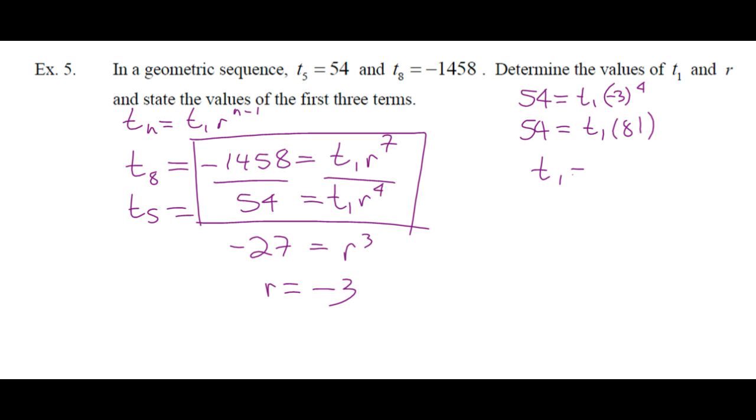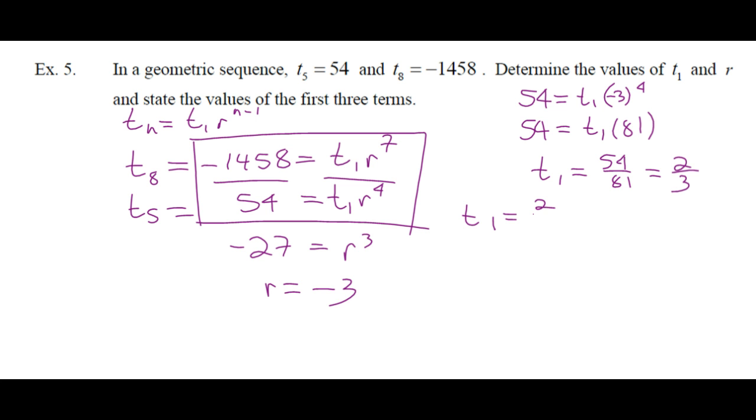And what's 54 divided by 81? 9 goes into that, right? But 2 over 3? Yeah, they're both divisible by 27, right? So T1 is 2/3.